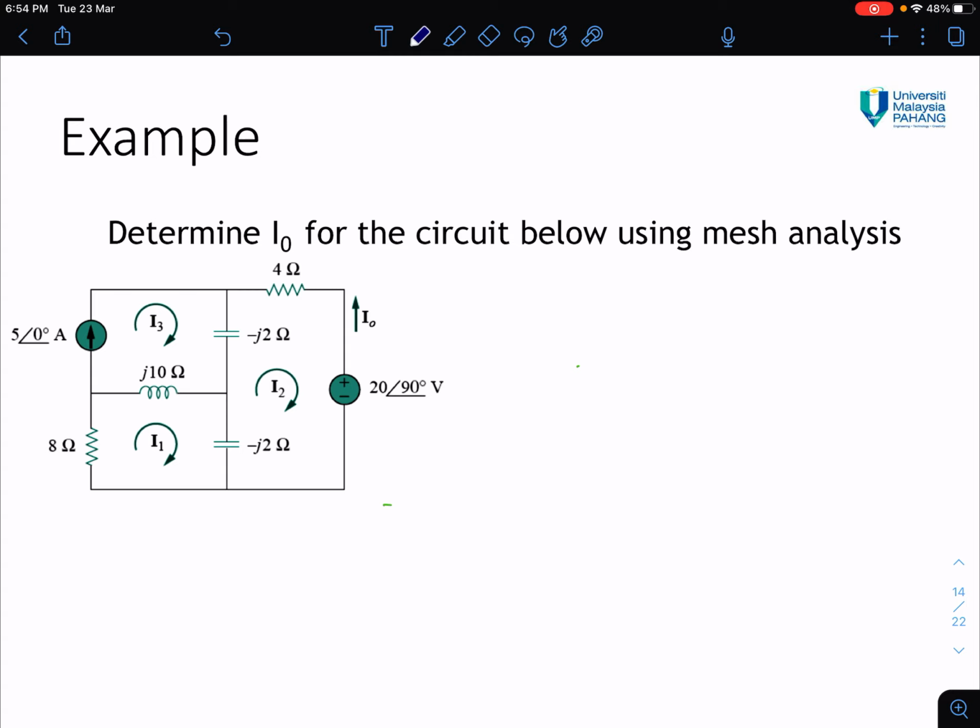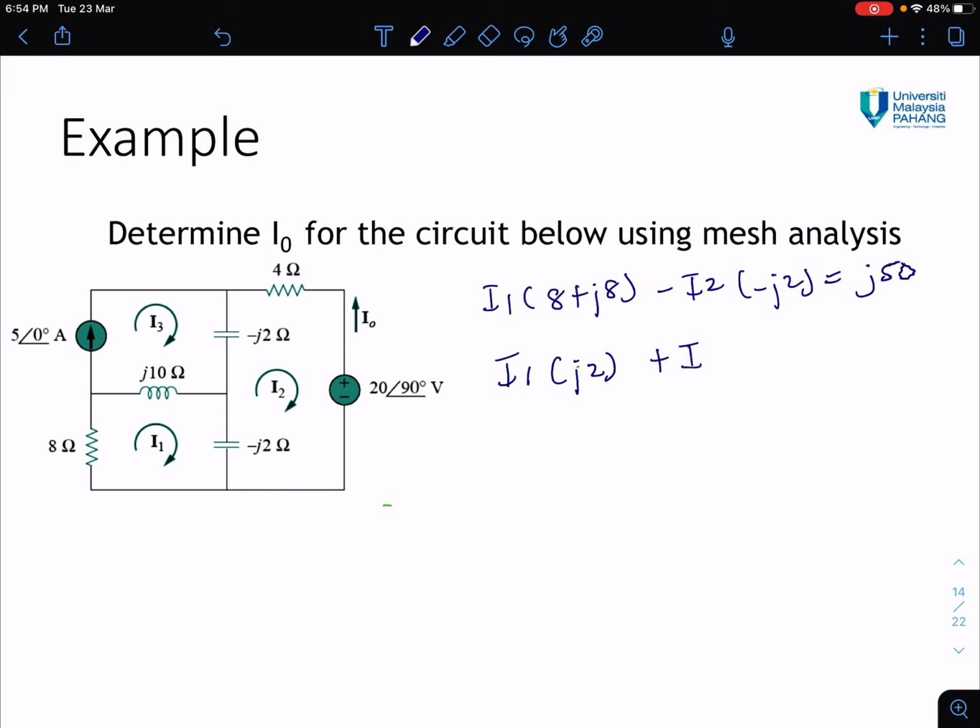Your final equations, after you substitute I3 equals 5, become: I1 times 8 plus j8, minus I2 times j2, equals j50, and then I1 times j2 plus I2 times 4 minus j4 equals minus j30.